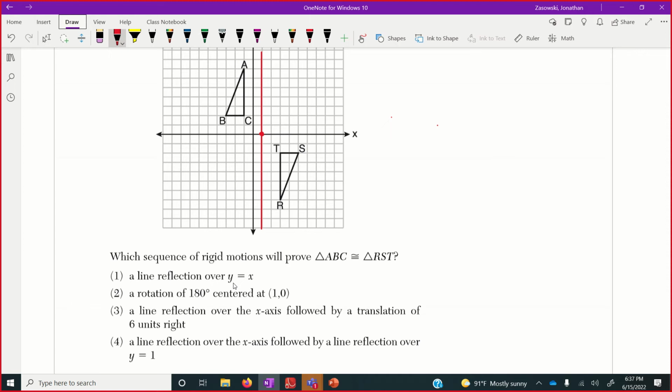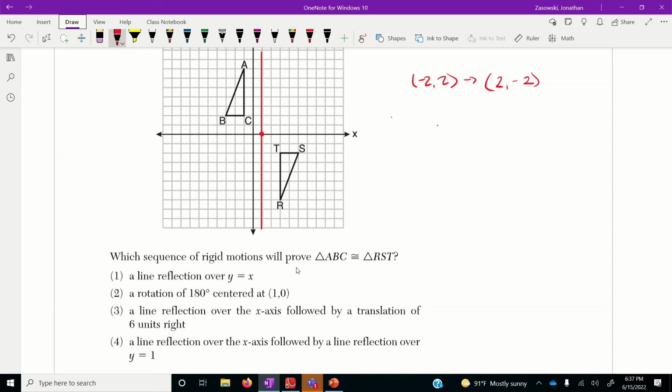It's left 2, up 2. So it's kind of like saying that my point is -2, 2. And when I rotate 180 degrees, it becomes the point 2, -2. Now that means it's going to go right on top of T. So you can see it goes around that point, and I treat this new line like the x-axis.